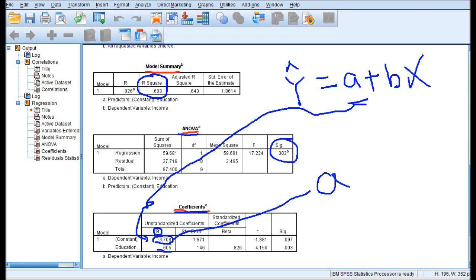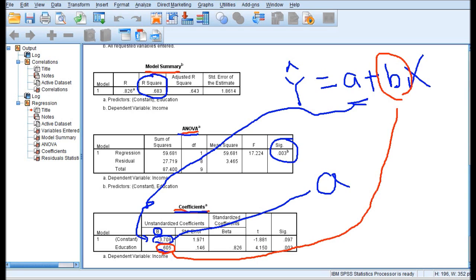The 0.605 is the slope of this regression equation.